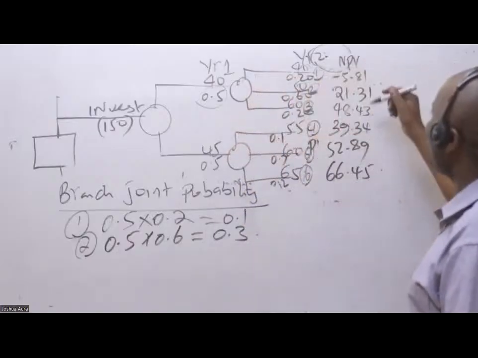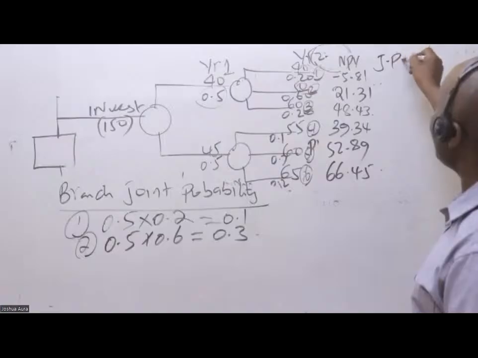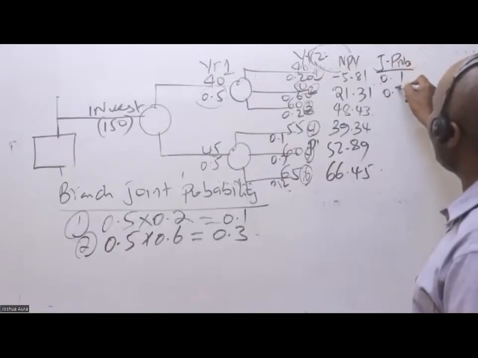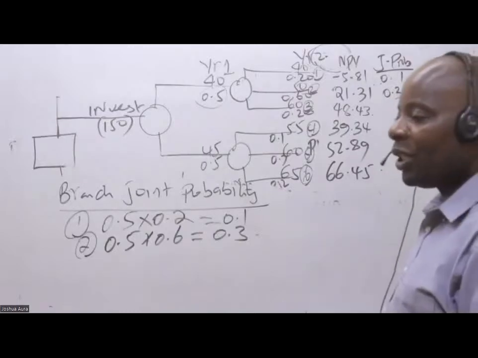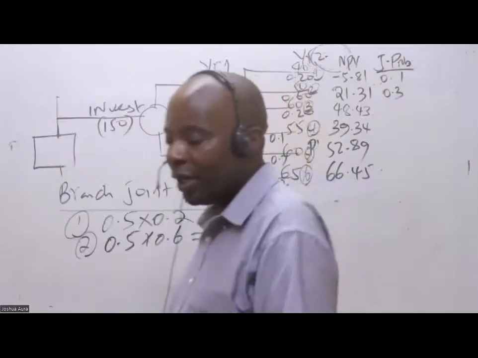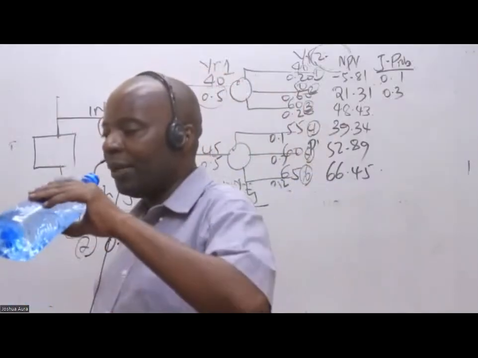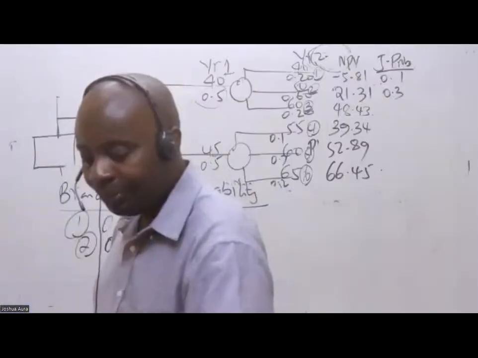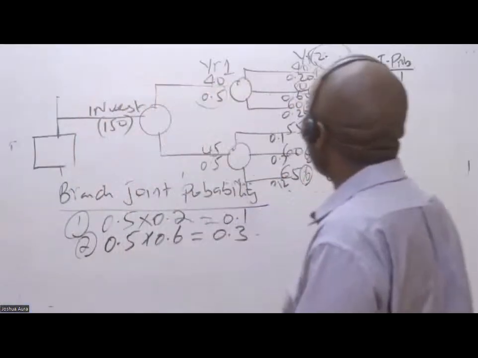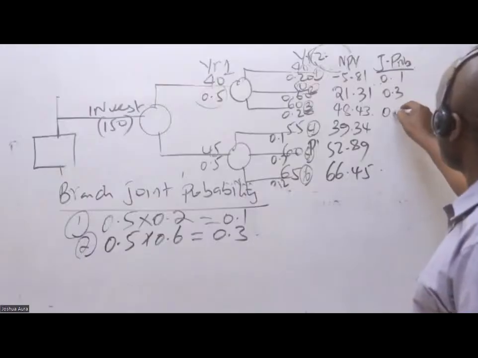Now, can you kindly do the same for all the others? Give me the joint probability for branch number 3. David is telling me 0.1.